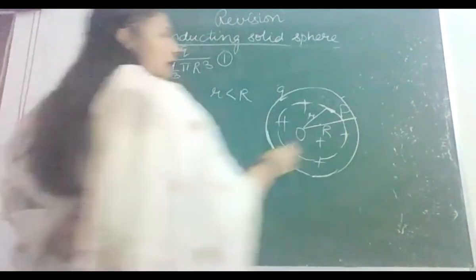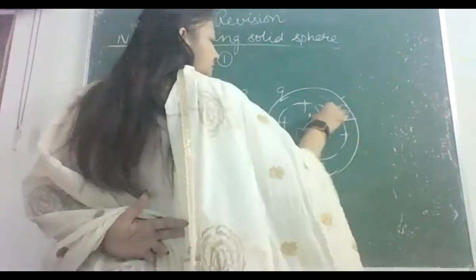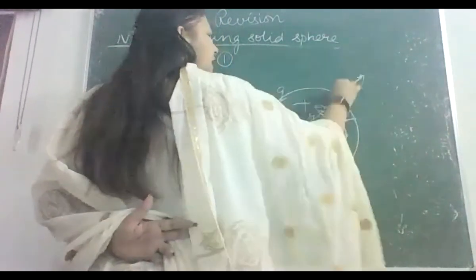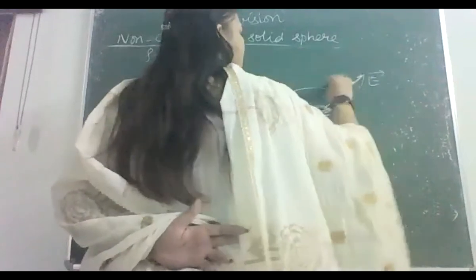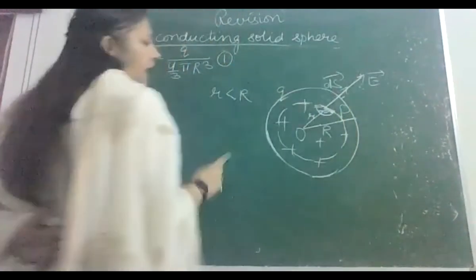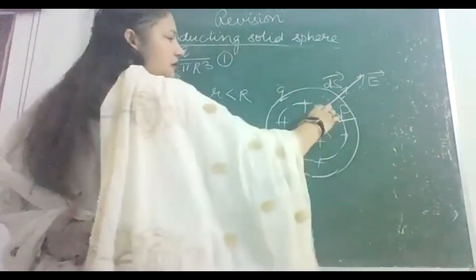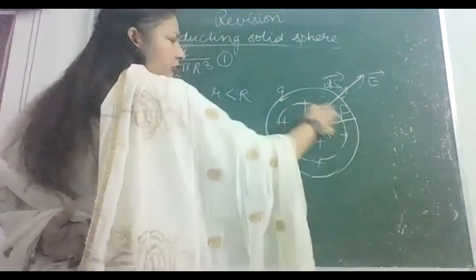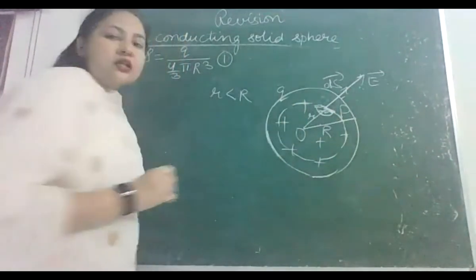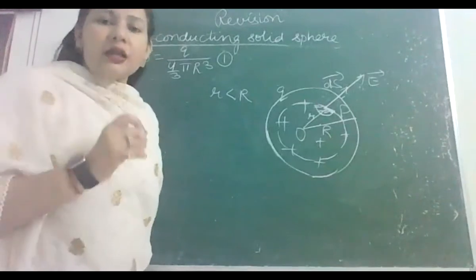And again, we draw area element dS and E. They are in the same direction. And now you can see that the volume is different. Volume of the Gaussian sphere is 4/3 pi small r cube.